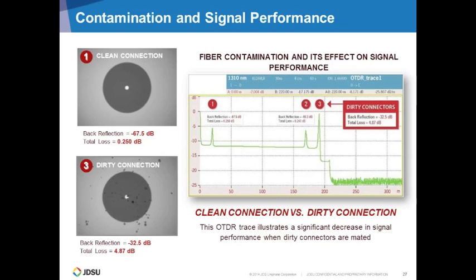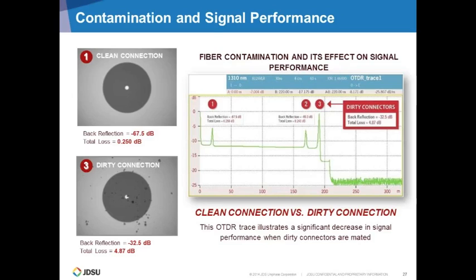Here you see the OTDR trace, and that shows what happens to the signal when the connector is dirty. The OTDR trace shows 3 different connectors in a link. The first 2 are clean, and the third one is dirty. I don't know if you can see, but there is a little particle of dirt in the core of the fiber that is creating 4.87 dB loss for that particular connector.